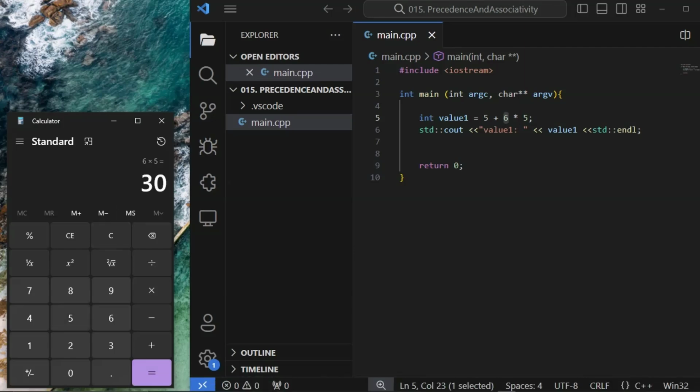So let's comment that 30 here. And the next thing is 30 plus 5, that will be 35. So our result should be 35. If we run this with our compiler, the result should be 35.